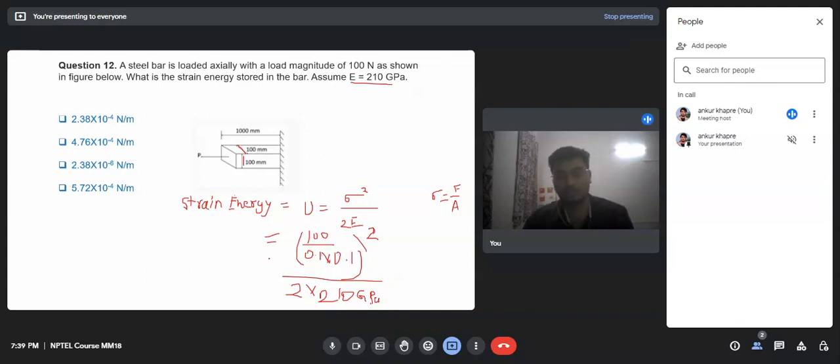Okay, so after calculating this, you will get the answer, option number 1, 3.8 into 10 to the power minus 4 Newton per meter.